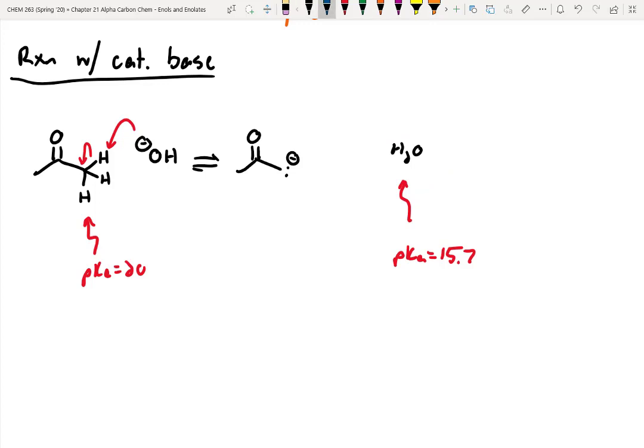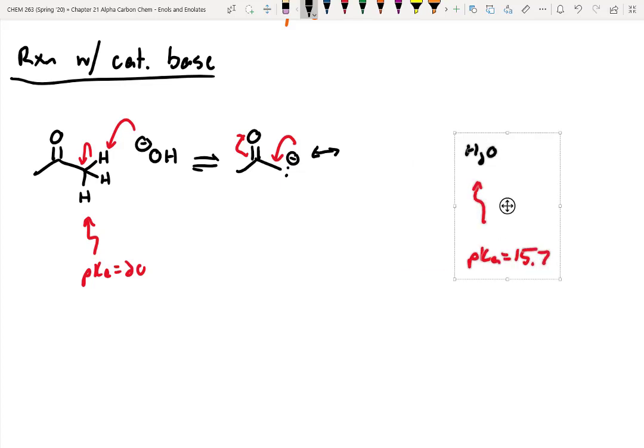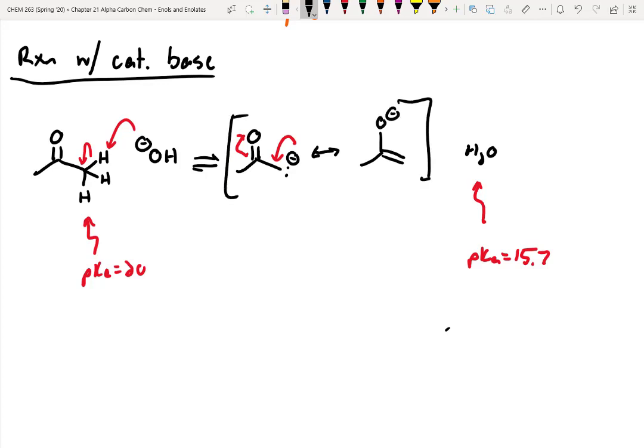And like I said, it's important to remember that this is all resonance stabilized. So we can kick electrons back up to that oxygen. And I'm actually going to slide this all over so we have a bit more room to work with. And we're going to end up forming a small amount of this enolate where the negative charge is delocalized across the carbon and the oxygen.